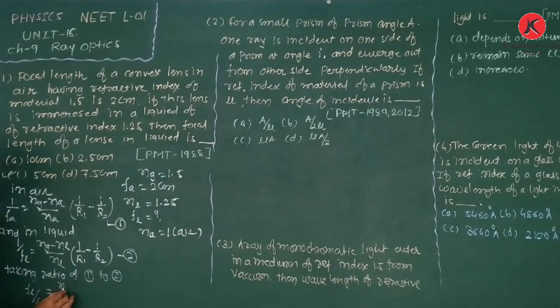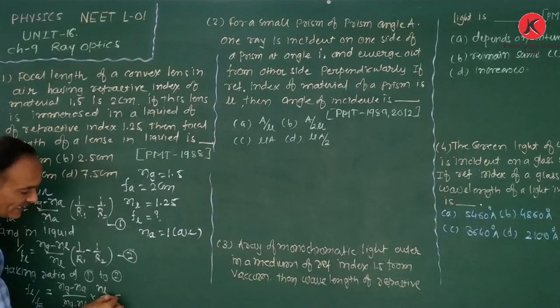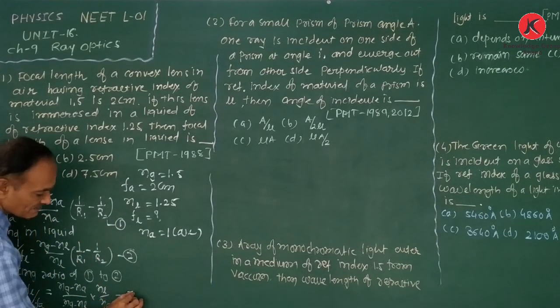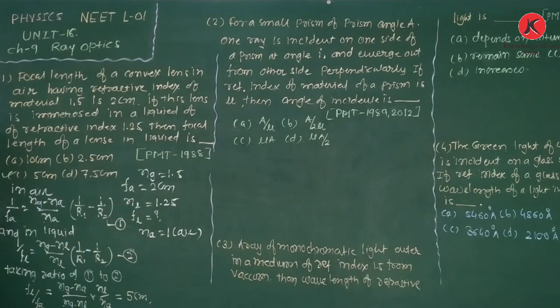Therefore, (Ng minus Na) upon (Ng minus NL) into NL upon Na. Substitute the values: Ng 1.5 minus 1, 1.5 minus 1.25, 1.25 upon 1. So we obtain the focal length of the lens in liquid as 5 centimeter.